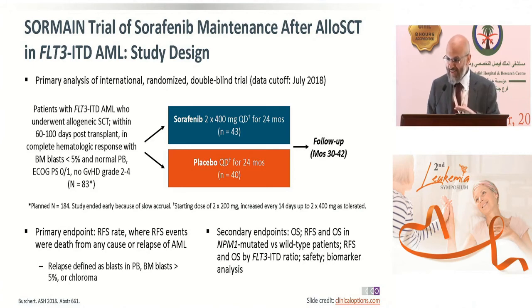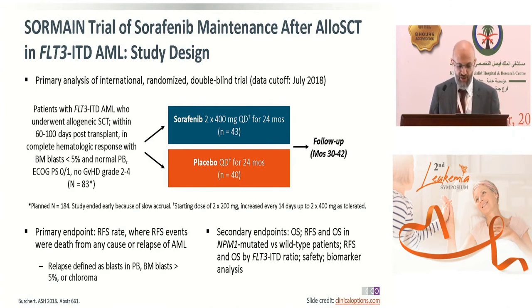But this was the SORMAIN study. It was a phase 2 randomized prospective double-blind study of sorafenib versus placebo. It was international, in patients who were FLT3 ITD positive and had undergone an allogeneic transplant.